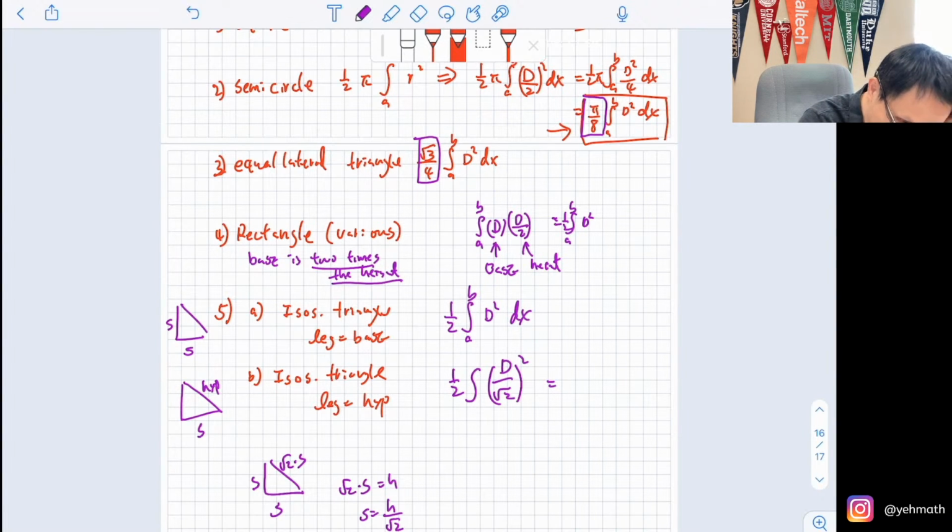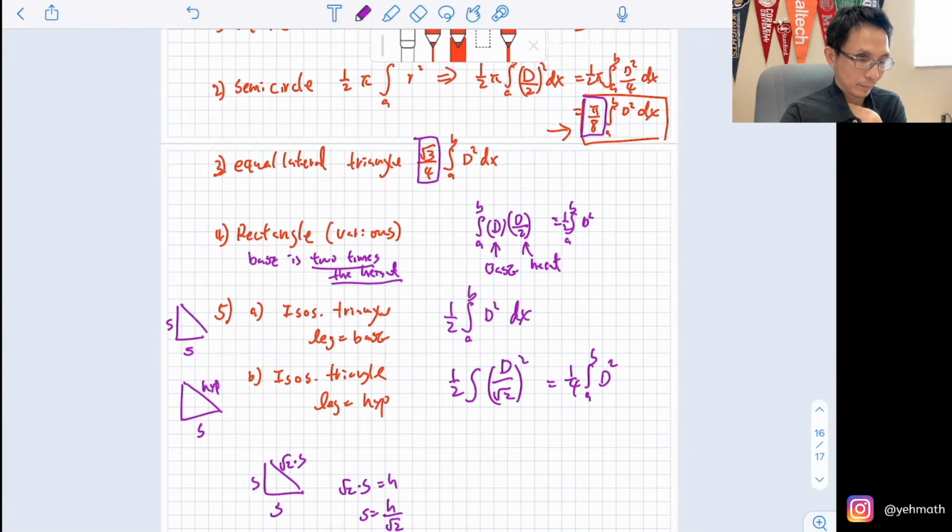So I think it ends up to be 1 over 4, between a to b, d squared. It becomes 1 over 4 because if you find the hypotenuse, then you want to find the other side, which is divided by square root 2. And if you multiply 1/2 base times height, then it's going to be 1/4 d squared. Why do you multiply it by 1/2? Because 1/2 base times height.